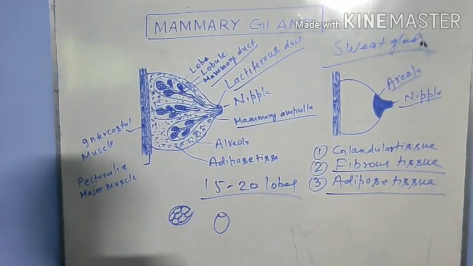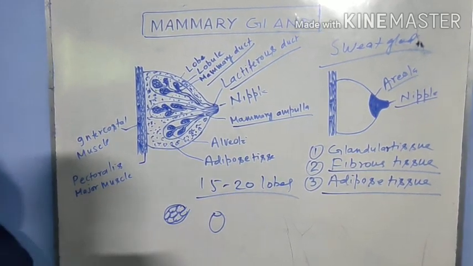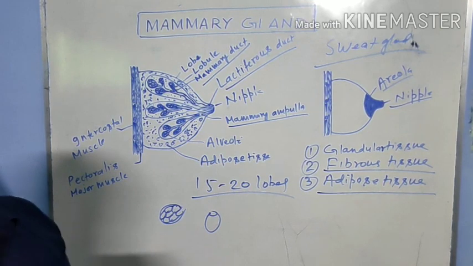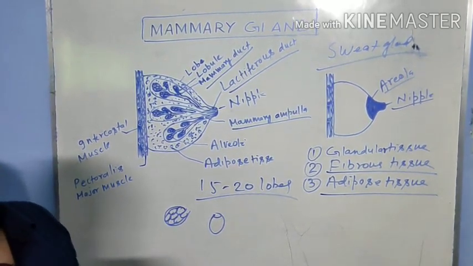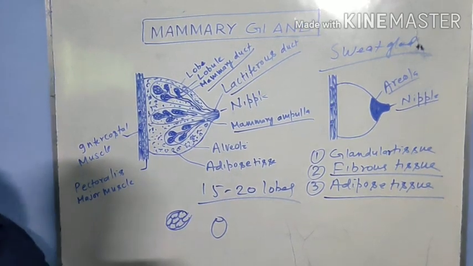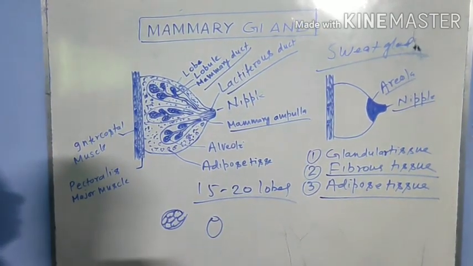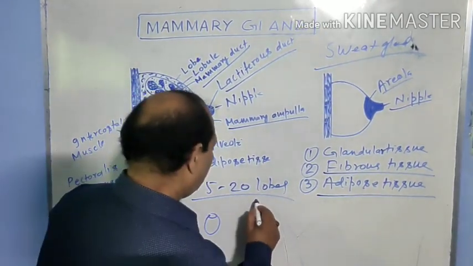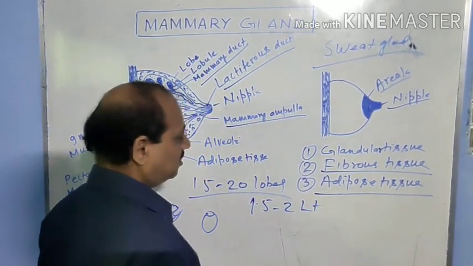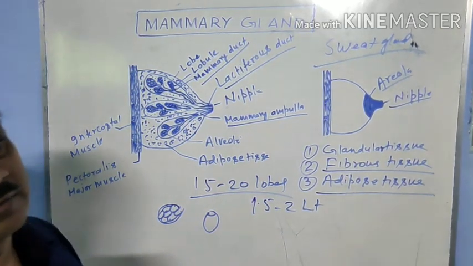Mammary gland secretes milk, which provides nourishment to the newly born child. A female secretes about 1.5 to 2 liter milk per day.